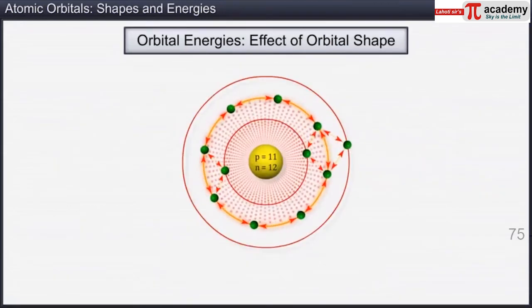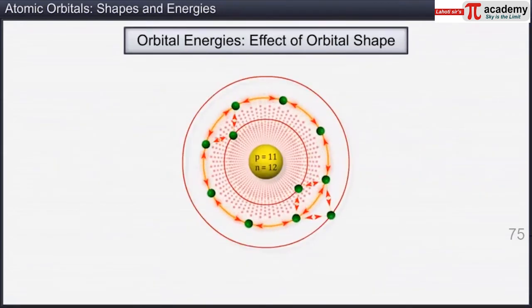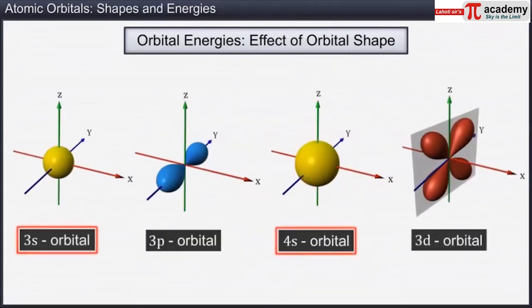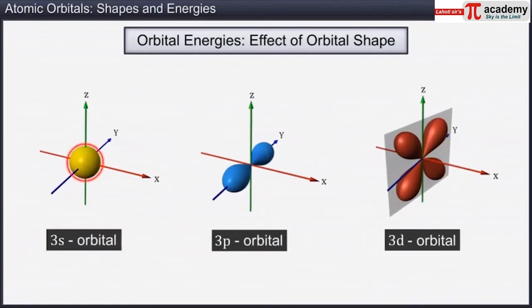The attractive and repulsive interactions in a multi-electron atom depend upon the shape of the orbital and shell. As the shape of the s orbital is spherical, it shields the electrons more effectively as compared to p or d orbitals present in the same shell.